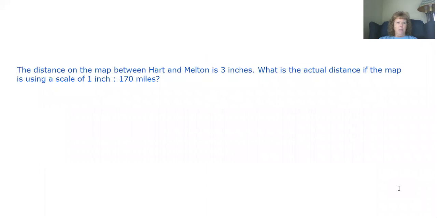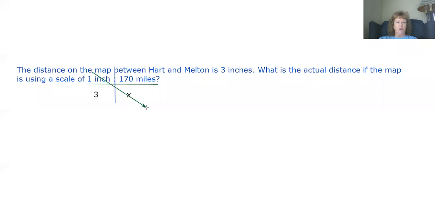The distance on the map between Hart and Melton is 3 inches. What is the actual distance if the map is using a scale of 1 inch to 170 miles? I'm going to draw a line here to separate my inches and miles. On the map, they're 3 inches apart, and I'm looking for the actual distance.